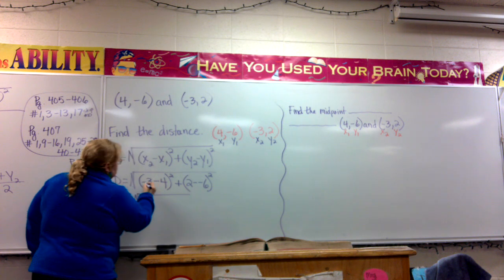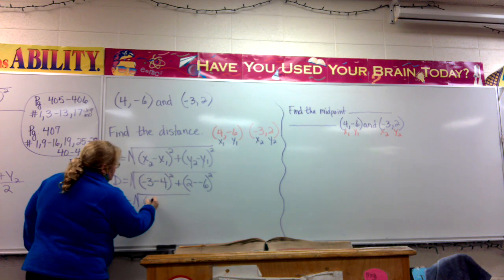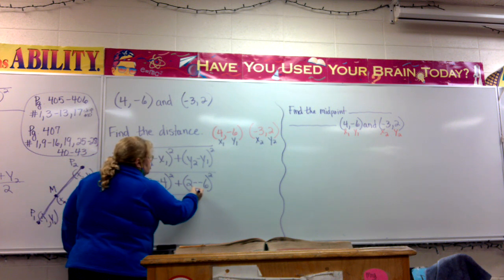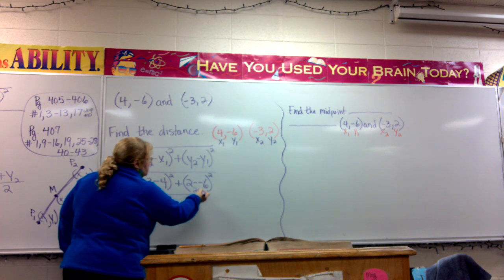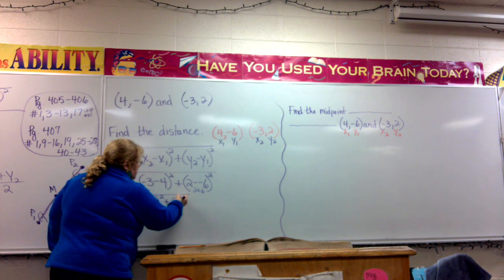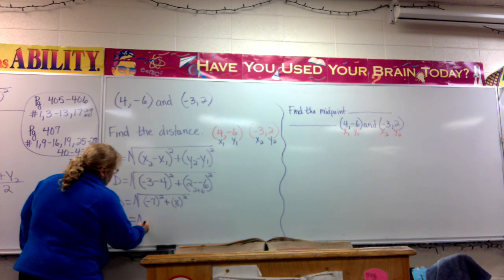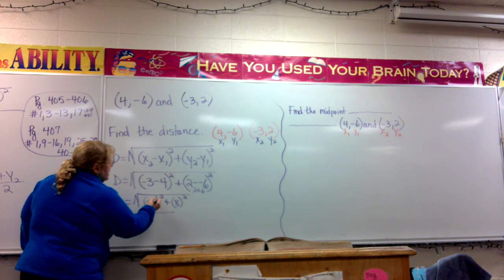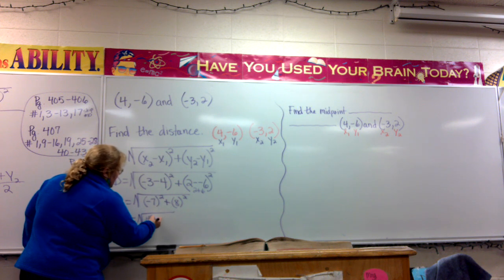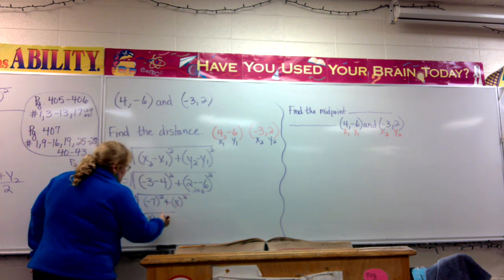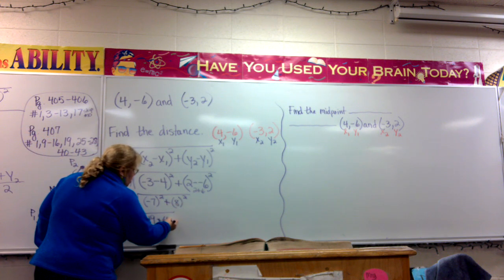So I have to do -3 and -4 is -7. And I have to do 2 plus 6 is 8. And so D equals square root of -7 squared is 49. -7 times -7. 8 squared, 64.